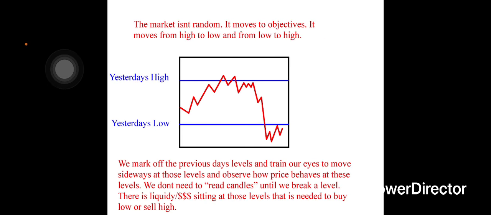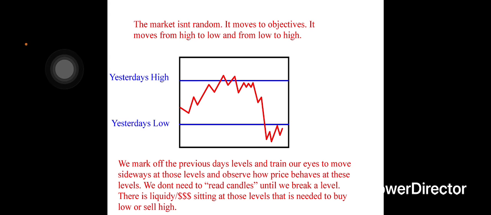The market is not random, all right? It moves to objectives. It moves from high to low and from low to high. And this will be very clear on a well-engineered chart, all right? So we're marking off the previous day's levels and we're training our eyes to move sideways at those levels, horizontally. If we're zoomed in and we're looking at the market on a candle by candle basis, this is more of a vertical standpoint, all right?